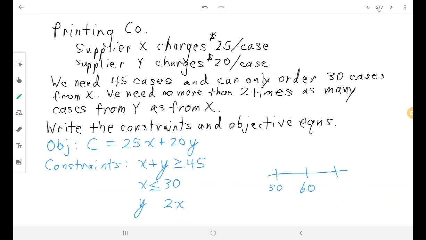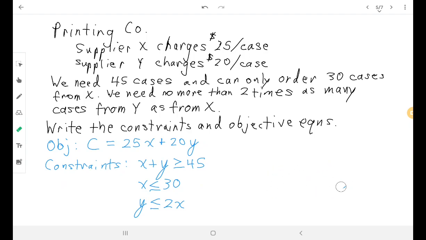Could we order 50? Could we order 70? Okay? It says no more than twice as much. So if I order 30 cases from x, I can order 60? Sure, that's no more than twice as much. Could I order 70? No. Could I only order 50? Yeah, sure, that's no more than twice as much. That is, I'm allowed to order a little bit less, but I'm not allowed to order more than that. So that's less than or equal to.